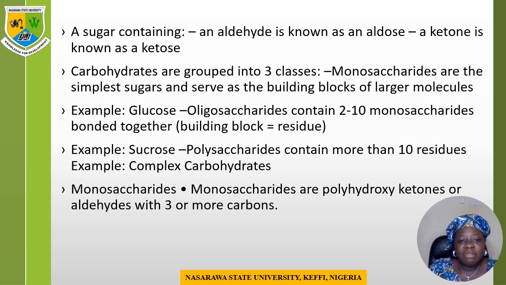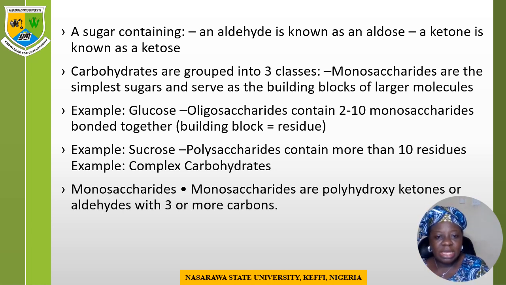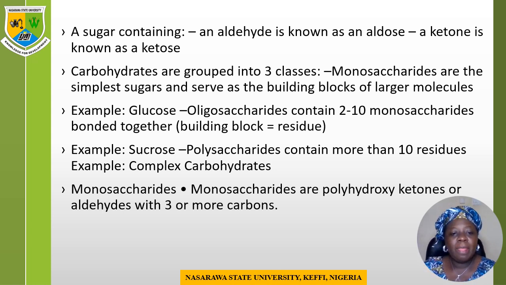We also have the polysaccharides that contain more than 10 residues of monosaccharides, and an example is the complex carbohydrate known as starch. Monosaccharides are polyhydroxy ketones or aldehydes with 3 or more carbon atoms.